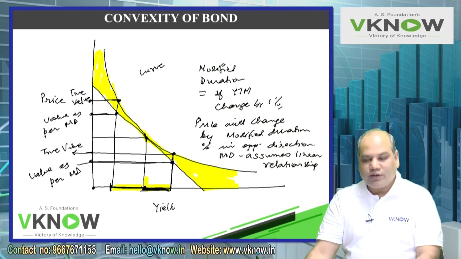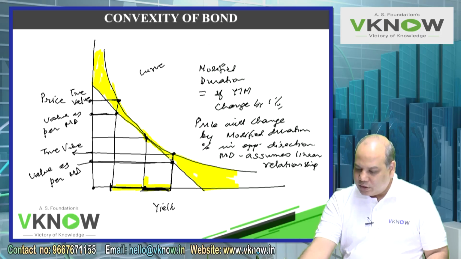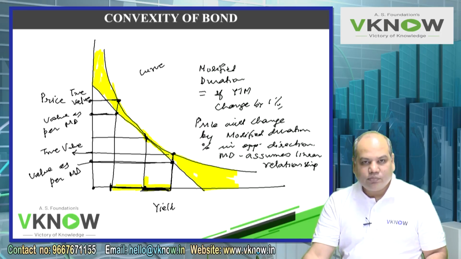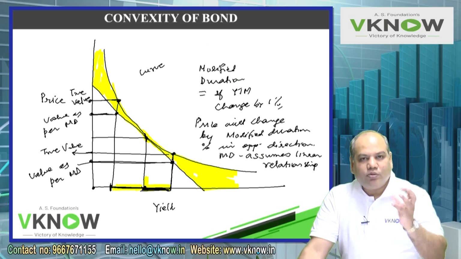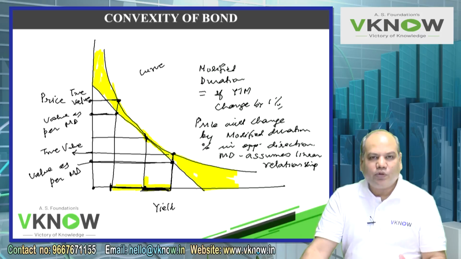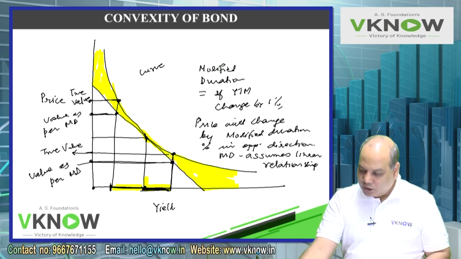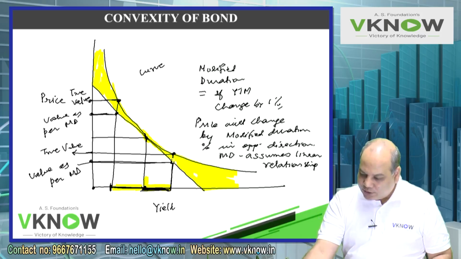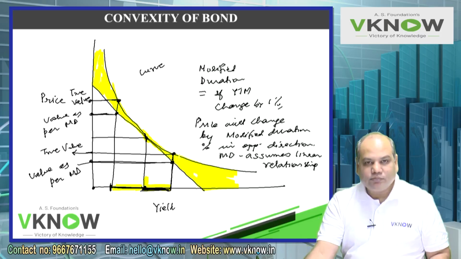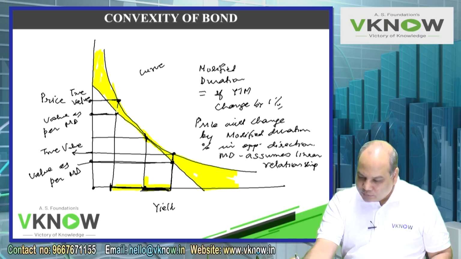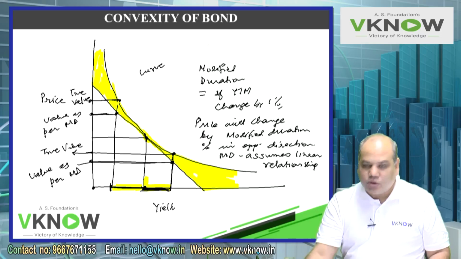So what convexity does, it tries to fill that gap. It makes some more advancement over the modified duration, and it will tell you how much adjustment should be made for the modified duration so that we get closer to the true value.